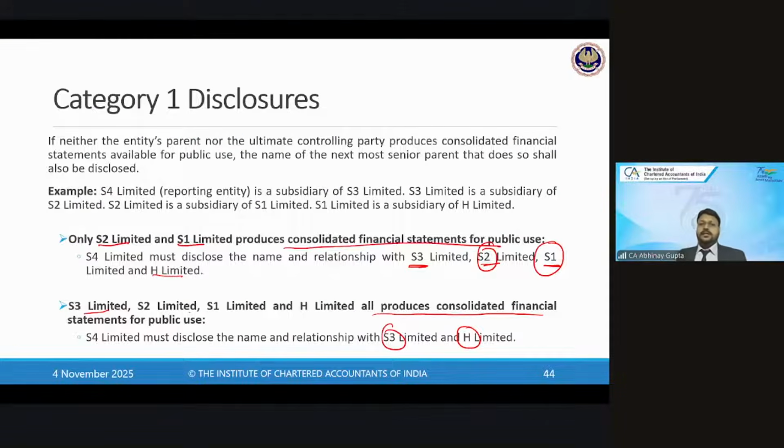Then the standard says, while preparing the consolidated, so this is for the standalone. Now, while preparing the consolidated, it might be possible one company in between or another company in between is not preparing the consolidated financial statement. Now, my question to you: is consolidated financial statement preparation mandatory?